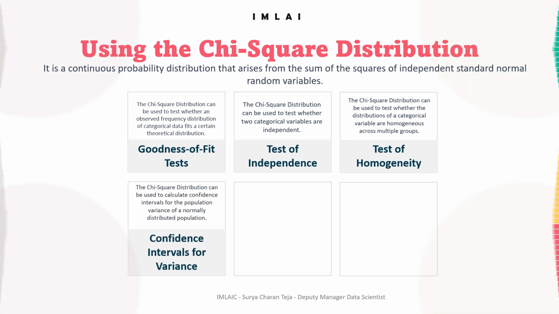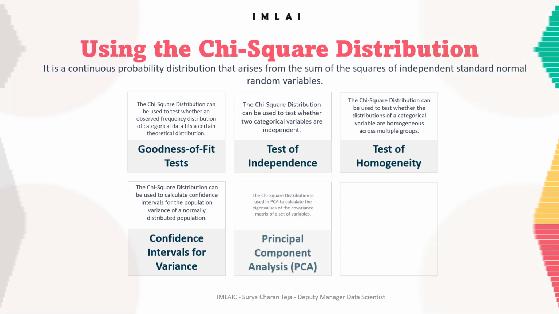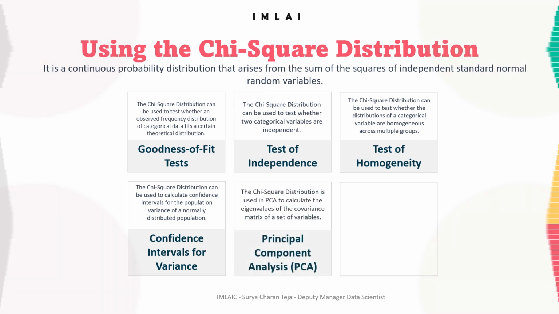Then we have confidence intervals for variance. The chi-square distribution can be used to calculate confidence intervals for the population variance of a normally distributed population. Then we have principal component analysis, PCA, very important. The chi-square distribution is used in PCA to calculate the eigenvalues of the covariance matrix of a set of variables.